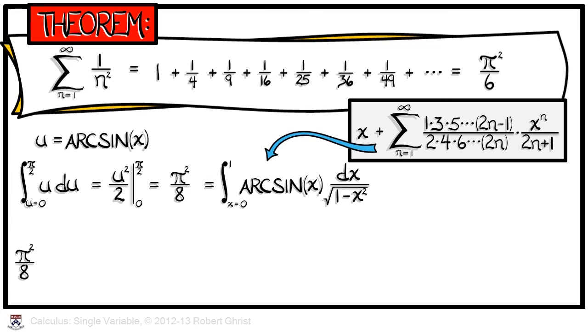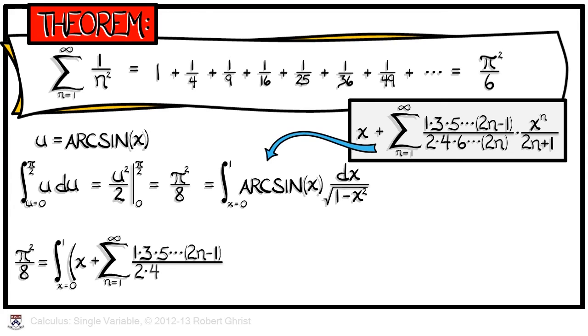Now, this is looking rather complicated. We can integrate this series term by term, but integrating that x to the n over square root of 1 minus x squared is highly non-trivial. That is doable by the methods of this class. You can do it with integration by parts and a reduction formula.